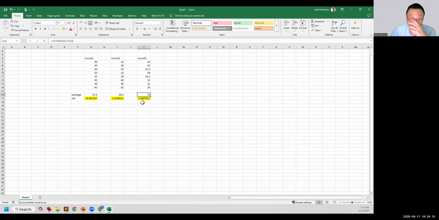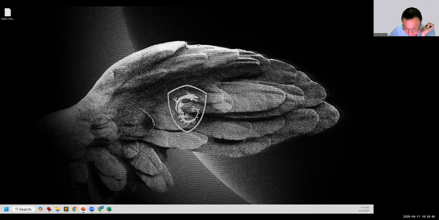The standard deviation is getting smaller: from 10, the second round became 5, and the third round became 3. When I give you this feedback, you can see the Delphi method will actually make your decision converge. This is a nice way to do a group decision, isn't it?